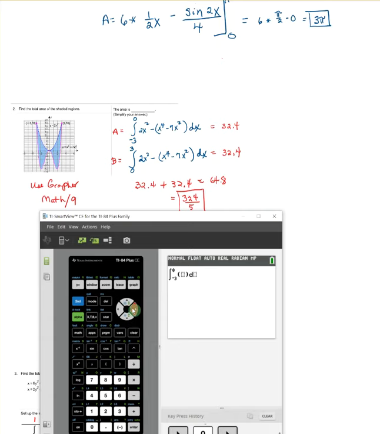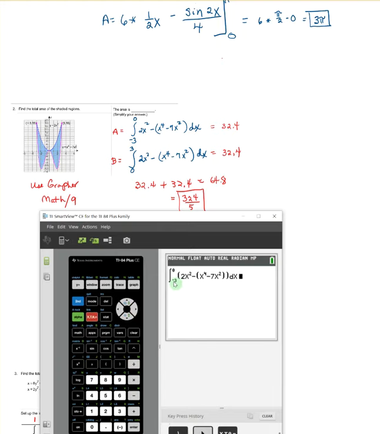Then tab over to this box, where we put the whole function: 2x squared minus, in parentheses, x to the 4th, minus 7x squared, close parentheses, and then go out of the whole thing and put an x there.